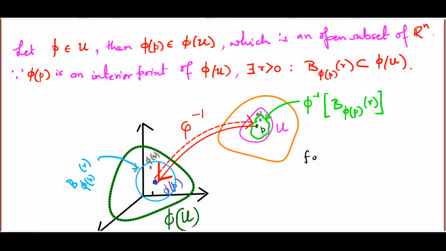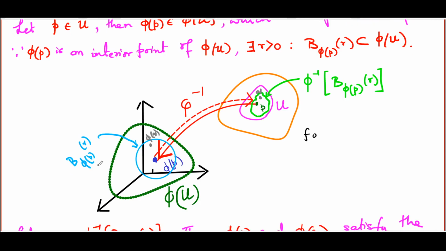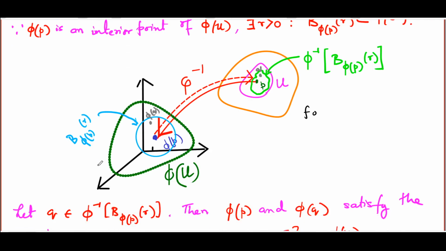So I am showing the ball here by this blue outline. This is B(phi P, R). Now in order to ensure that my point phi Q satisfies the condition for the mean value theorem, what we will do is take a phi Q which lies inside the ball. In other words, I will take Q to be somewhere inside phi inverse of B(phi P, R).